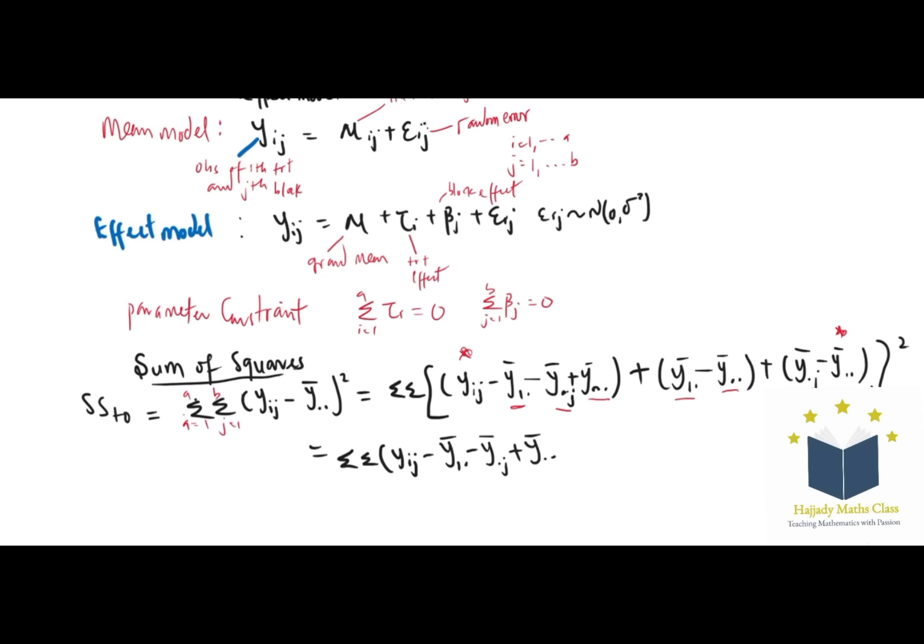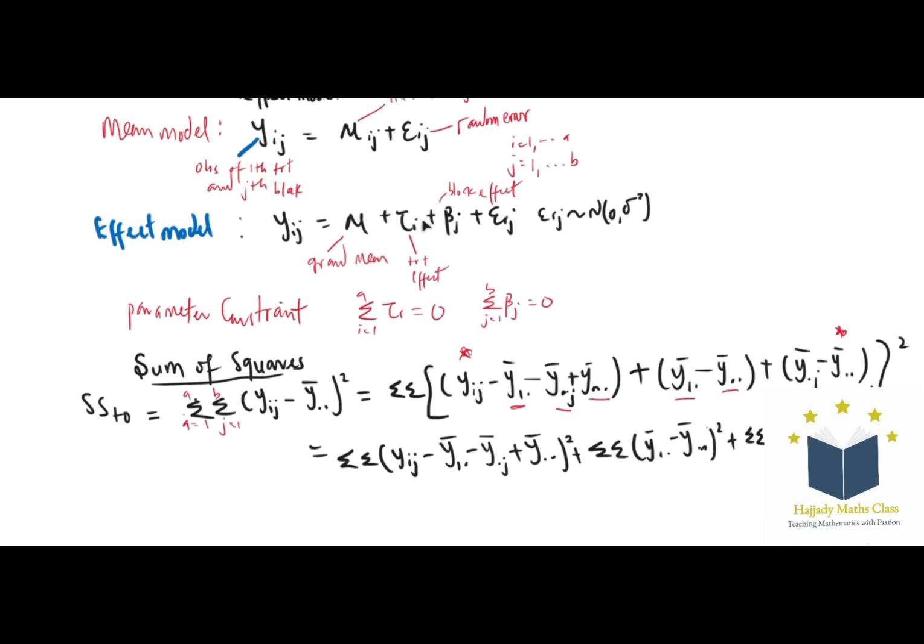So we have this squared, plus Y bar i dot minus Y bar dot dot squared, plus the double sum of Y bar dot j minus Y bar dot dot squared.